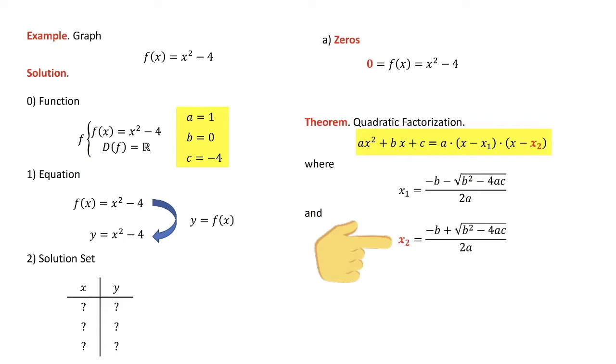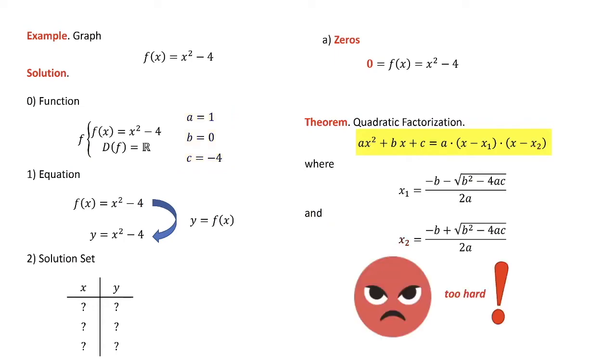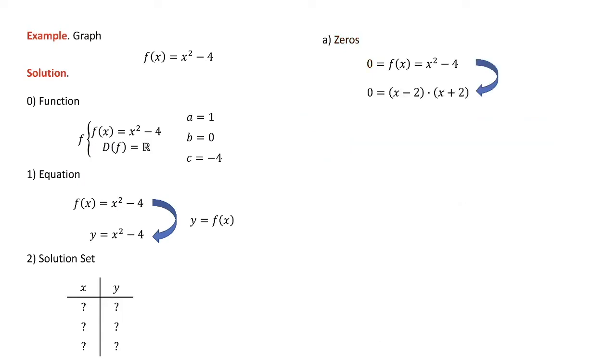The pro is you can always use the formula. The con is it is a cumbersome formula. I know it's in my pocket. I know it's there if I need it. If you're taking a test and you're nervous, use the formula. It's fine. But just look at this. Can you factor it? If you can just factor it, just factor it.